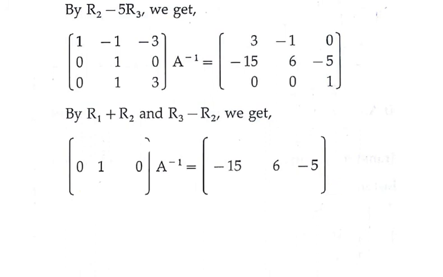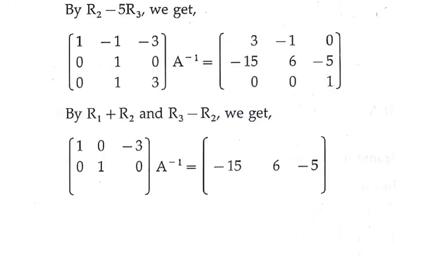Now let's begin with finding the first row values, R1 plus R2. In the first column R1 is 1 and R2 is 0, so 1 plus 0 is 1. In the second column R1 is minus 1 and R2 is 1, so minus 1 plus 1 is 0. In the third column R1 is minus 3 and R2 is 0, so minus 3 plus 0 is minus 3.